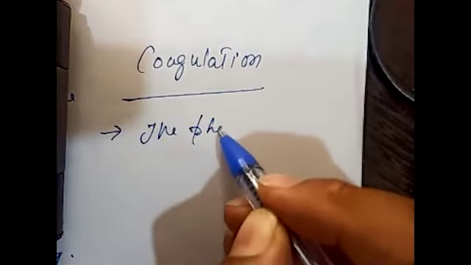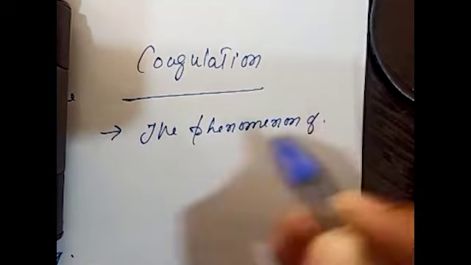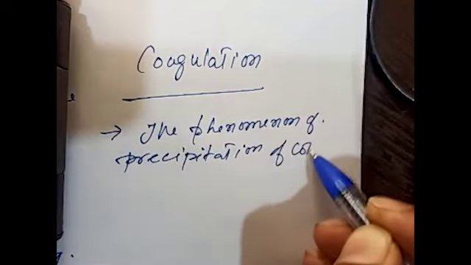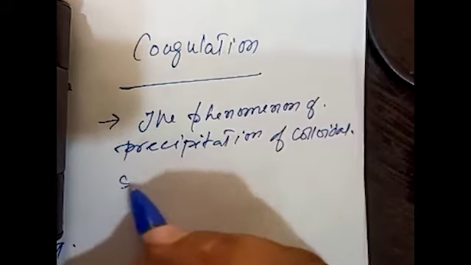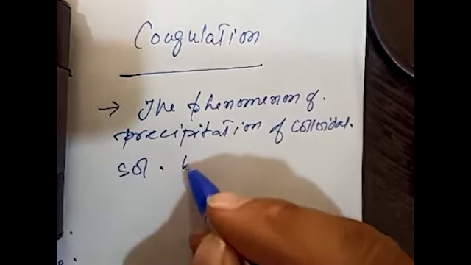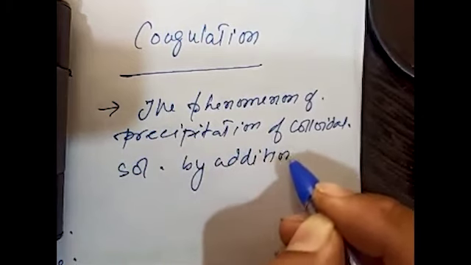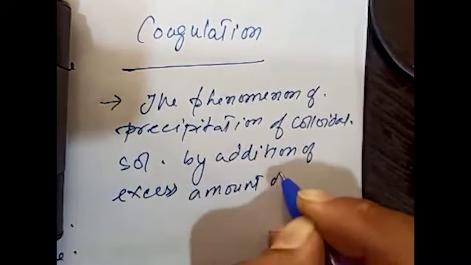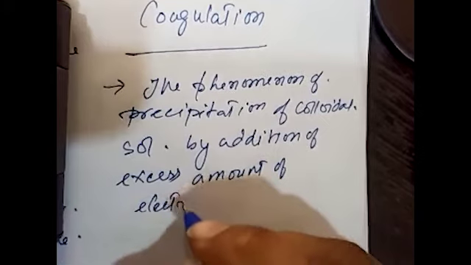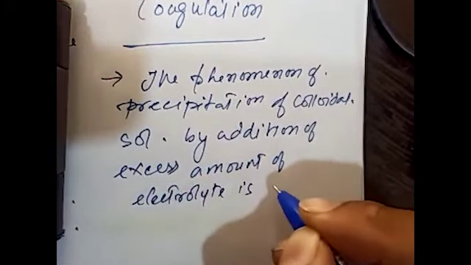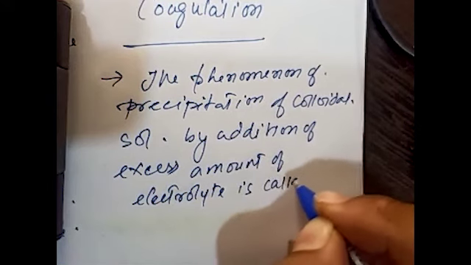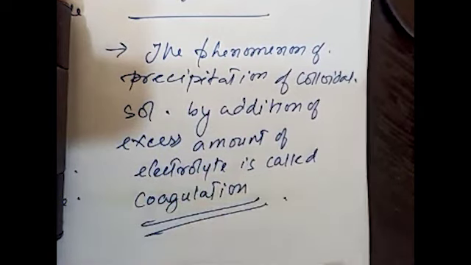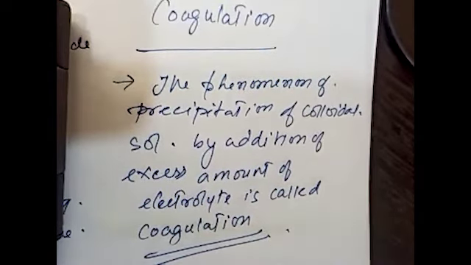So just write the definition: the phenomenon of precipitation of colloidal solution by addition of excess amount of electrolyte is called coagulation. Okay, fine, that's it. Your surface chemistry is over.